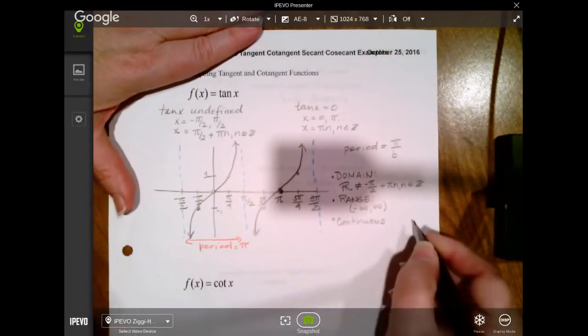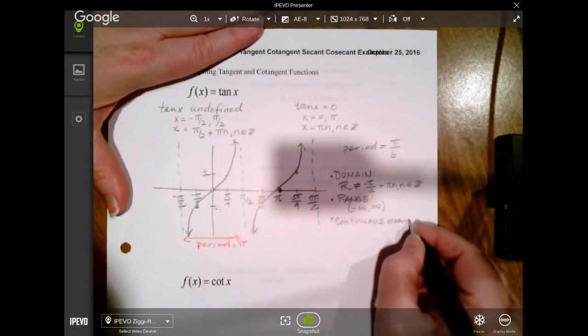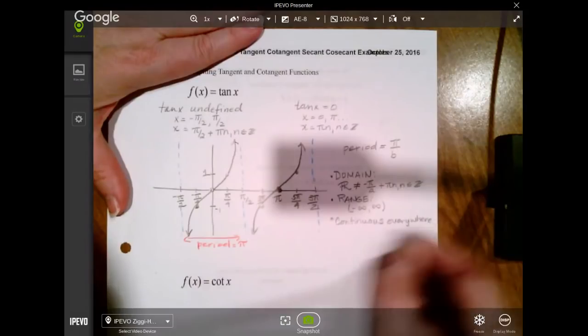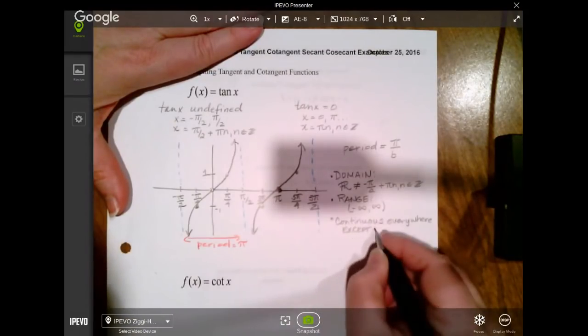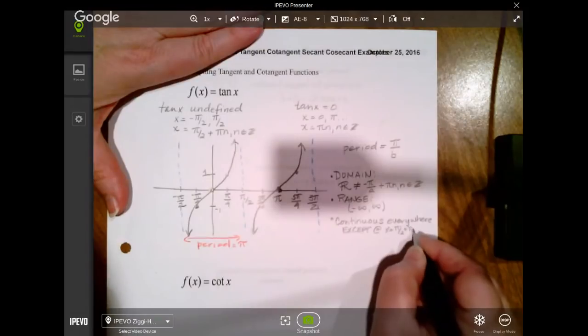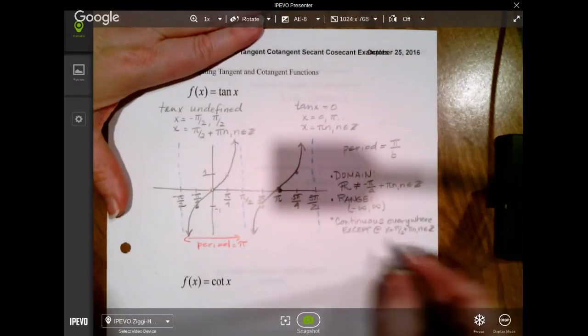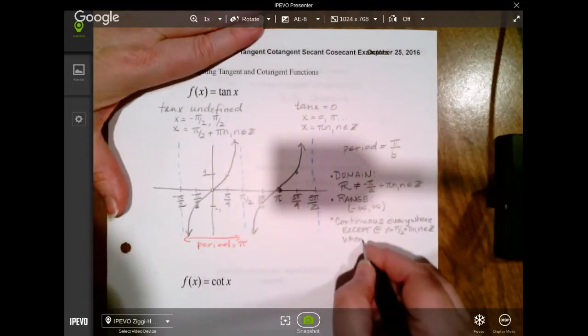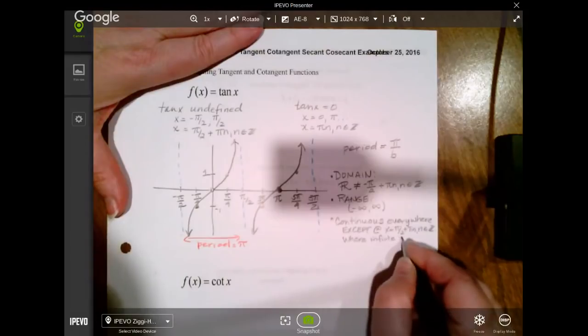You might say, wait, Mrs. Muller, it's not continuous, but it's continuous everywhere except, and there's my exception, at x equals pi over 2 plus pi n, n an element of the integer set, because that is where we have infinite discontinuities.